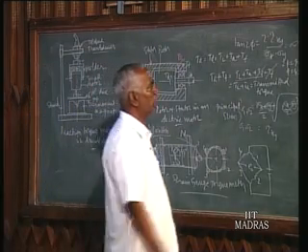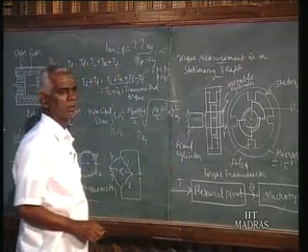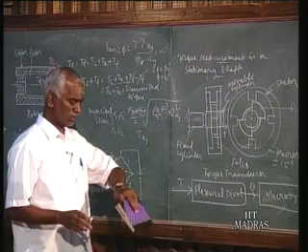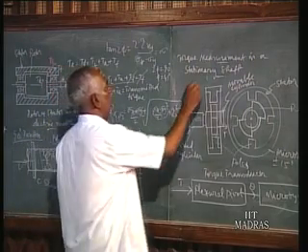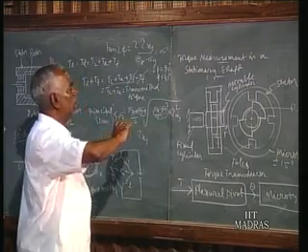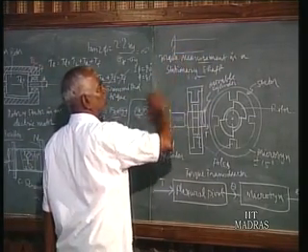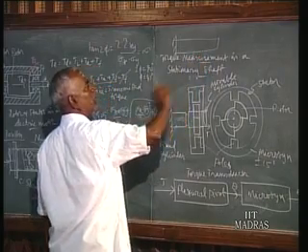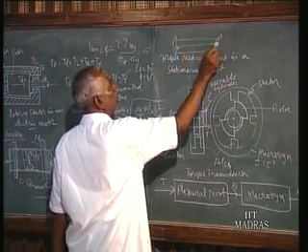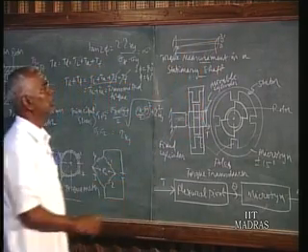Now we go to the next, torque measurement in a stationary shaft. Here it is a simple method. If you have a fixed shaft and you apply a torque, then the layer AB twists to AB dash.